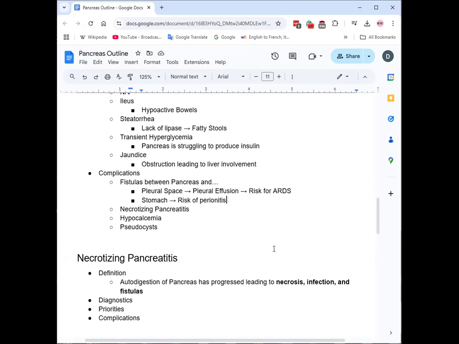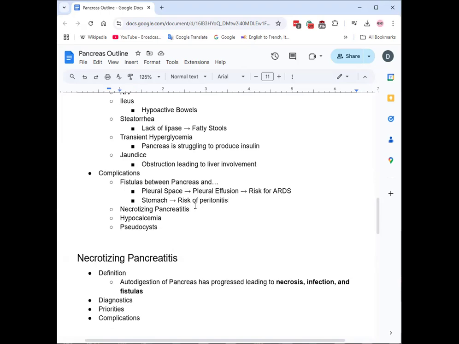And if it gets to the stomach, you can get peritonitis, which we've talked about extensively in previous classes, with that rigid, board-like abdomen. That can also lead straight to sepsis, since it's a big area being hit with all the bacteria coming in.